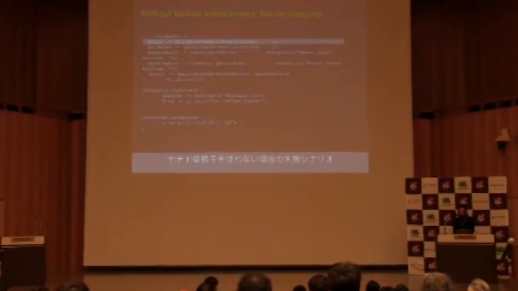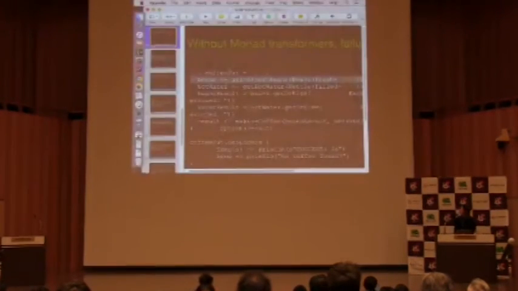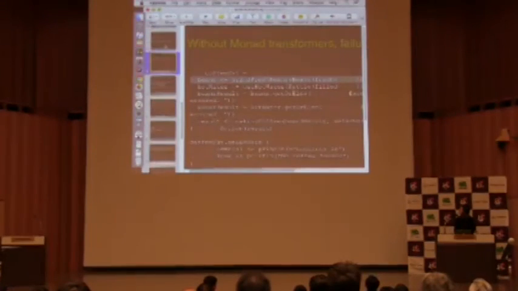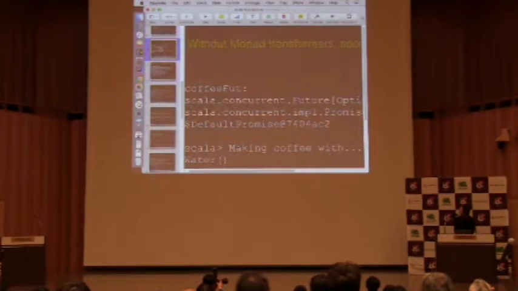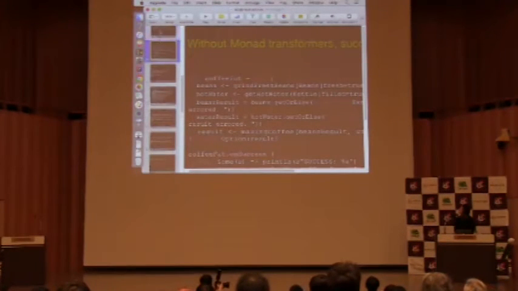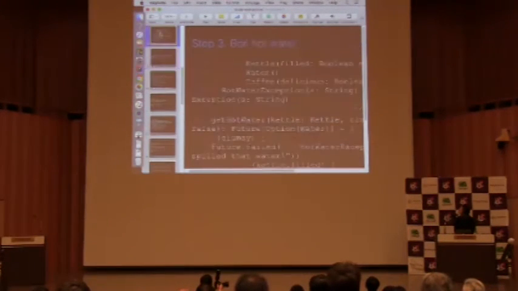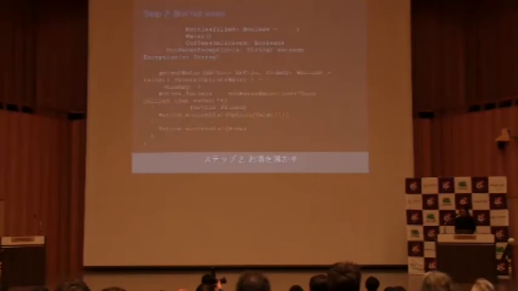So we did have exceptions with the monad transformers, but the exceptions were in our methods. So that exception was coming from this method. With monad transformers, this exception gets thrown because it's an error type of the Future.